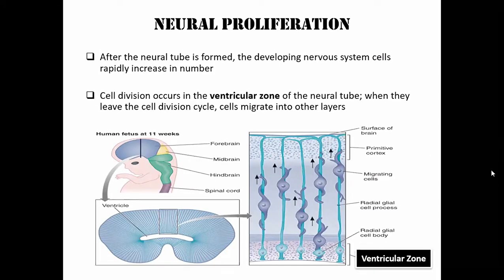Then, when the neural tube is formed, it develops nervous system cells in rapid numbers. So it is at this time, when the neural tube is formed, that a great number of nervous system cells are being formed. Then it goes to the other layers of your nervous system.